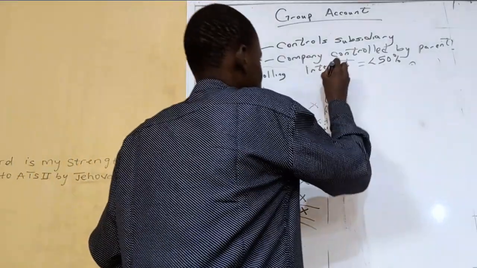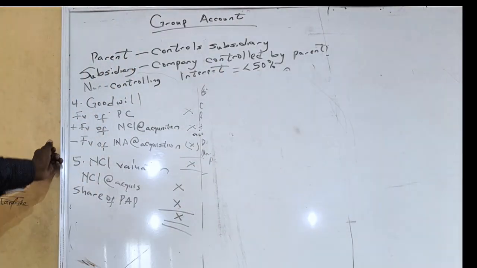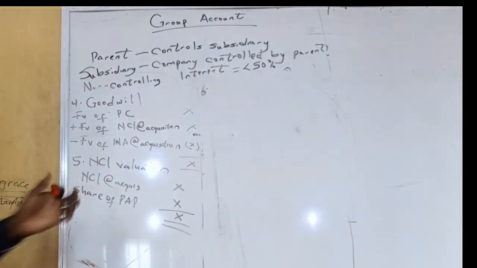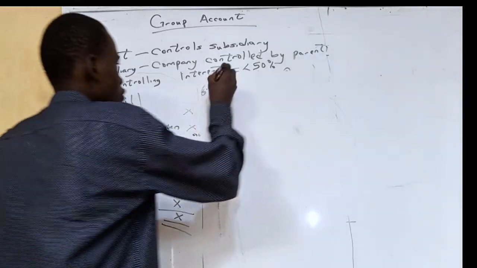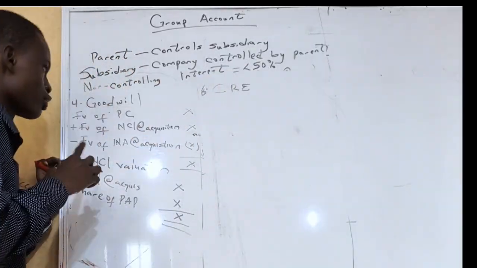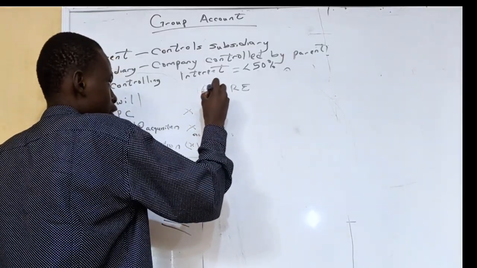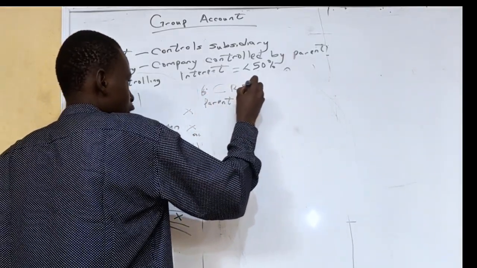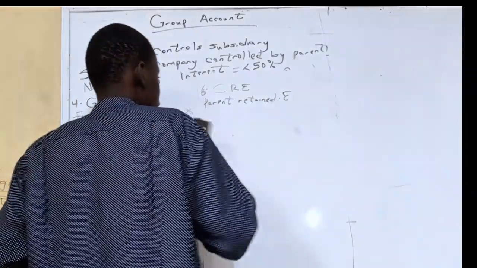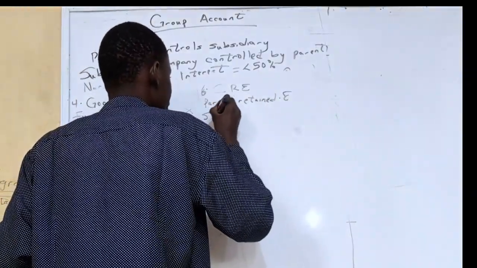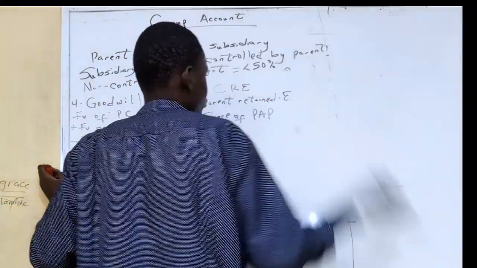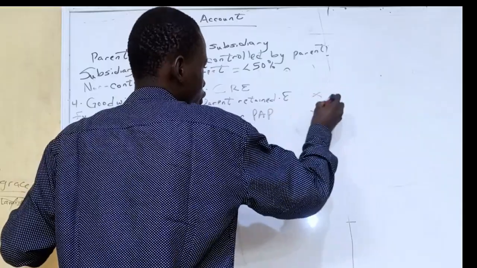So step number 6, you calculate your consolidated retained earnings. Now for your consolidated retained earnings, let me just call it consolidated retained earnings, CRE. The first thing you do is your parent's retained earnings, then plus share of PAP, share of post-acquisition profit, and then you add both.